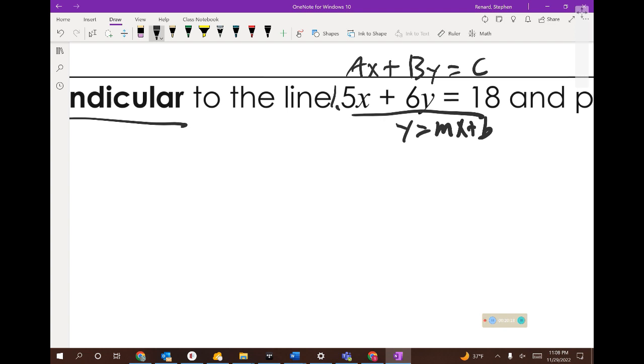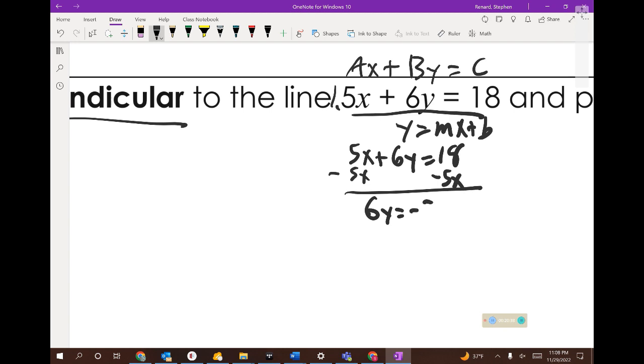If we're looking ahead, we know our slope is step 2. So we take 5x plus 6y equals 18. And we're going to subtract 5x from both sides. So we end up with 6y equals negative 5x plus 18. Got to get rid of that 6, so we're going to divide everything by 6.